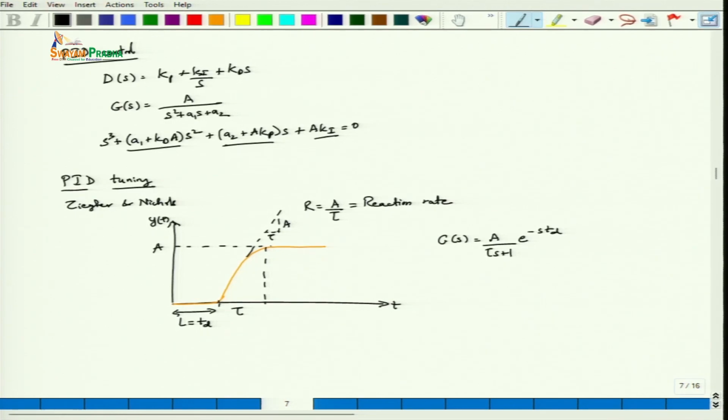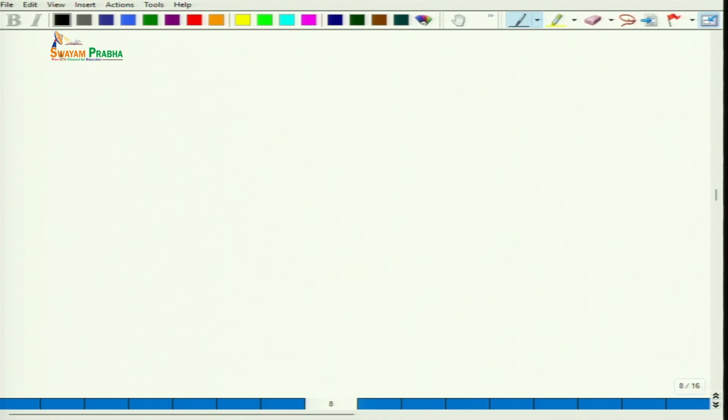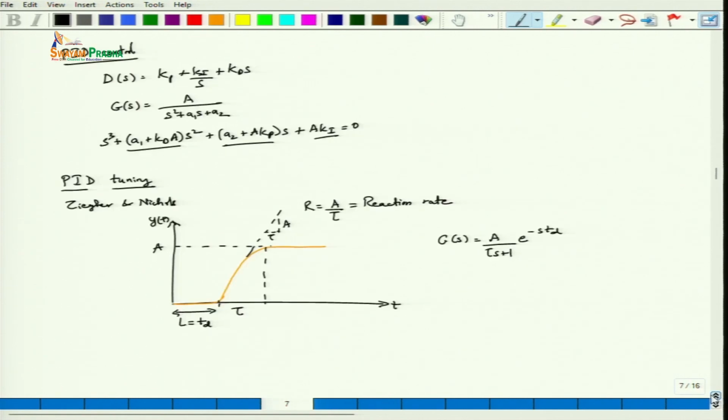So, Ziegler and Nichols have proposed two methods. The first one is basically that the output will have a decay ratio of 0.25, and that is for the plant transfer function given by G of s, and this is the output of the plant transfer function.